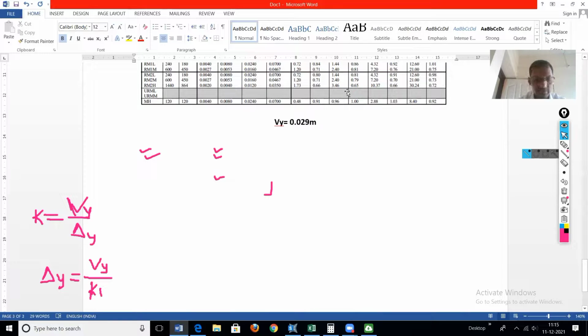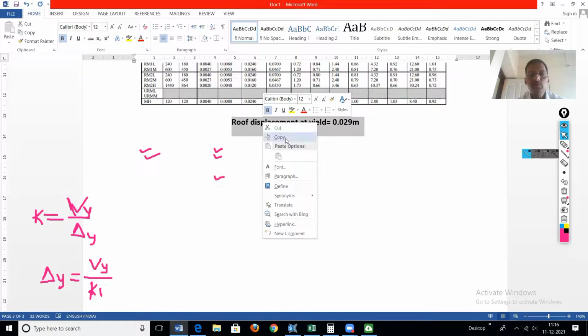Sorry, this is the roof displacement at yield, equal to this much. This is the first value.